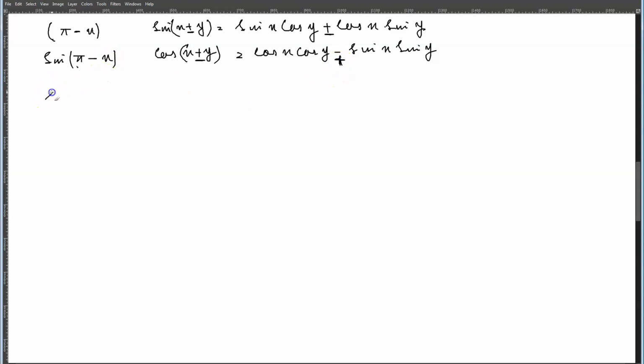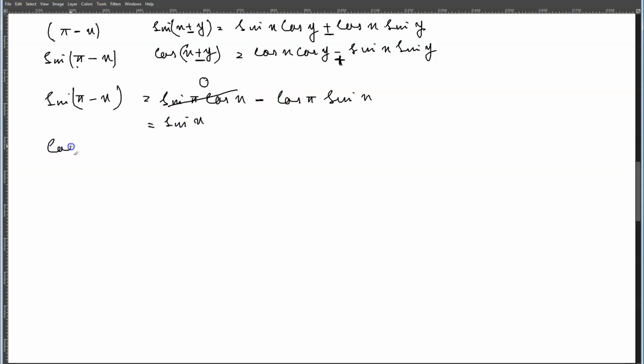So then the sine of pi minus x is equal to basically sine pi cos x minus cos pi sine x. Now sine pi is equal to 0, so this whole thing goes to 0, and cos pi is equal to negative 1, so negative 1 times negative 1 is equal to positive 1, so this is equal to sine x.